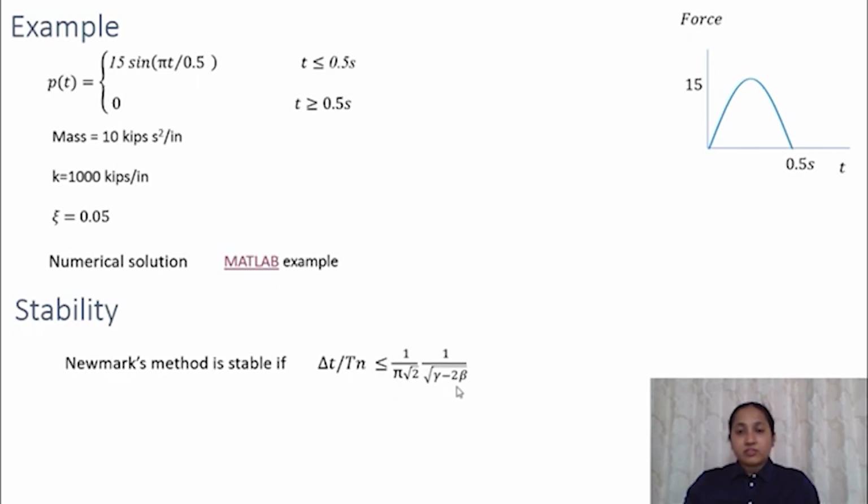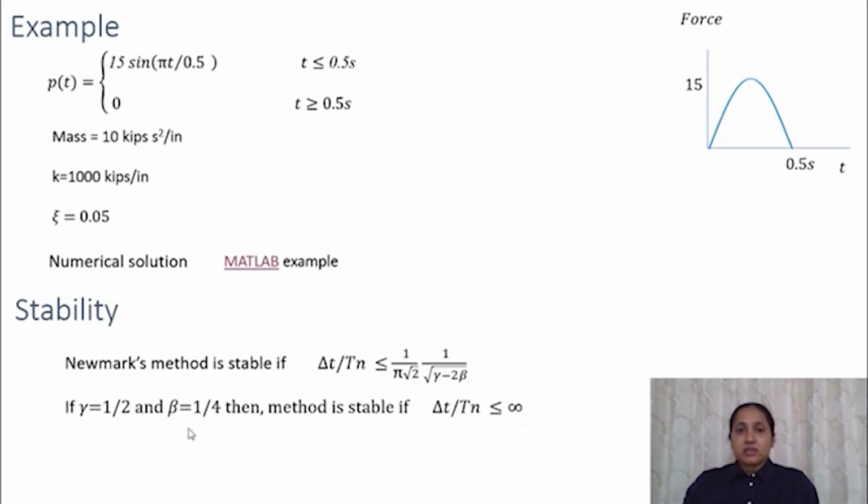So what happens when gamma is equal to half and beta is equal to 1 by 4? That corresponds to the average acceleration method. So that means this denominator is 0. So that means this method, the average acceleration method, is stable if delta t by Tn is less than infinity.